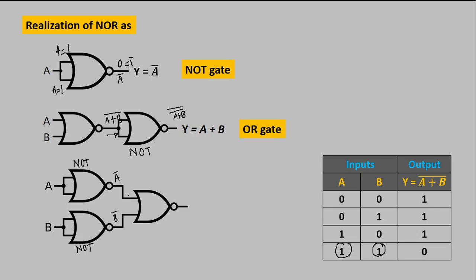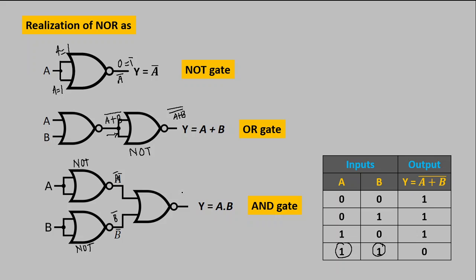So therefore, whatever connection is made at the input will be complemented at the output. So therefore, A complement and B complement will be considered as inputs to this NOR gate. And the NOR gate's logic is whatever is connected at the inputs will be ORed and complemented. So therefore, here you can see A complement, B complement, the output will be an AND gate.